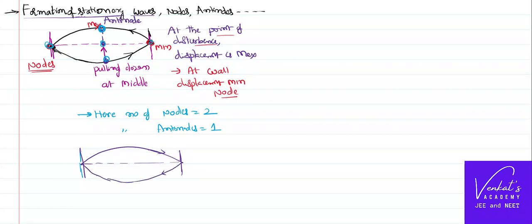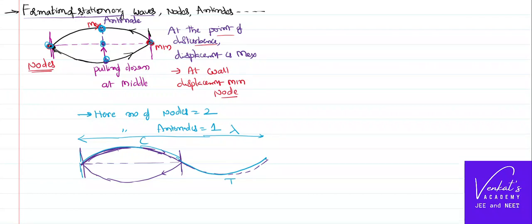If you notice carefully, this is something like a crest. In an ordinary wave, there will be a trough also, which is not there here. So an ordinary wave consists of both crest and trough, that is this part as well as this part. The length of that ordinary wave is called wavelength lambda. Wavelength is the length of a wave. A wave means a combination of a crest and a trough.